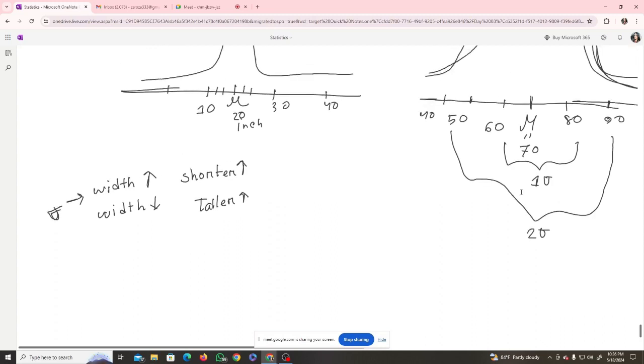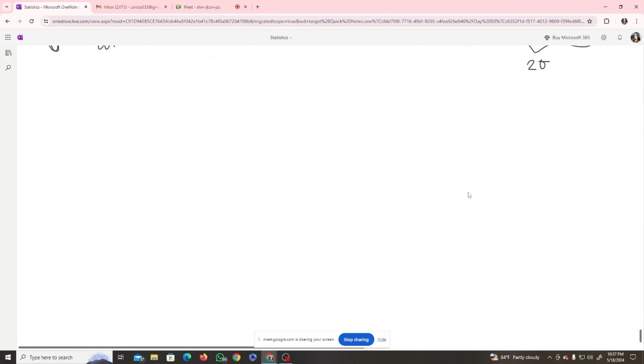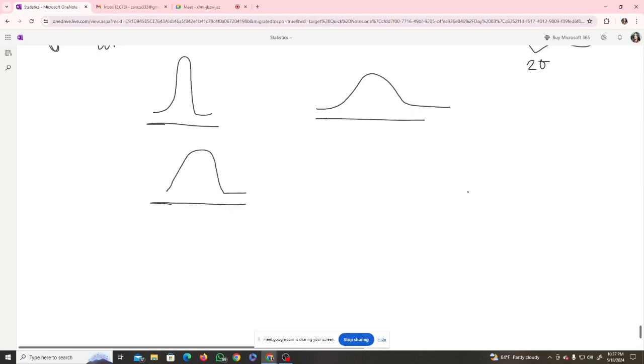And the process of it is known as standardization. Suppose, just like the previous example, your distribution was looking like this, your distribution was looking like this, then you also may have some distribution which looks like this. Different looking distributions.